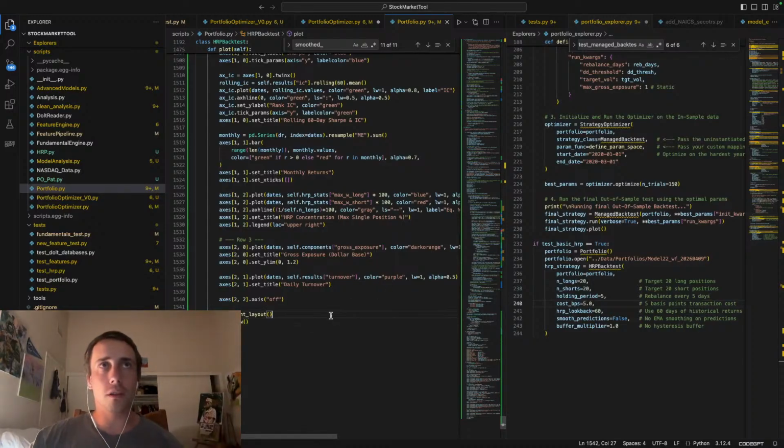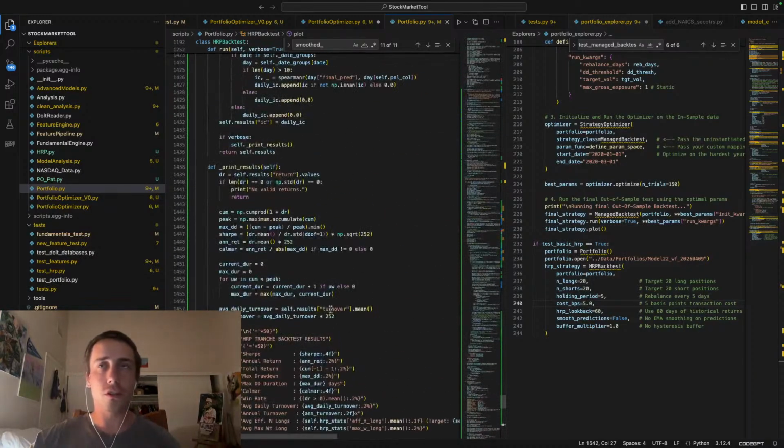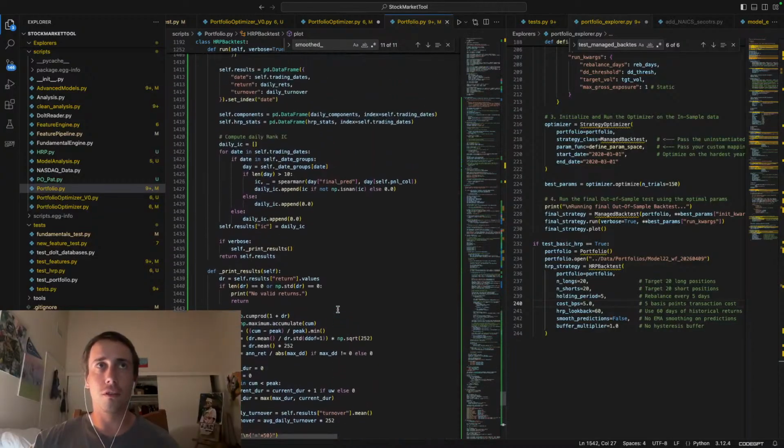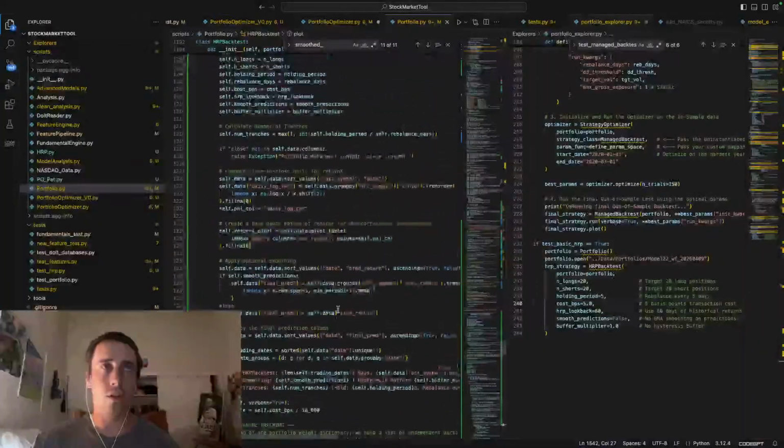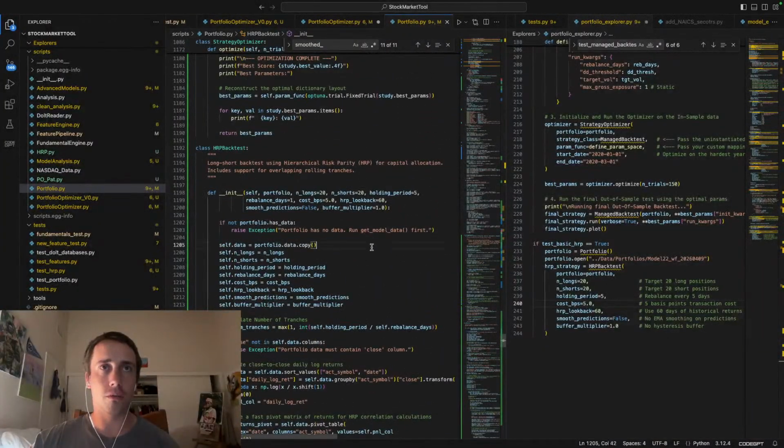All right. So now inside of the backtest, run. Good. This is simpler. It just takes one argument for 1. Buffer multiplier, smooth predictions, rebalance days. All right.